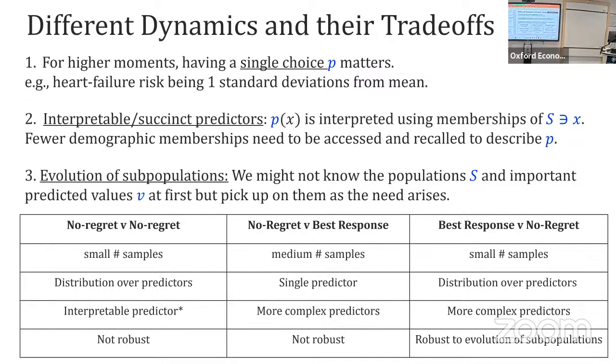You're very quickly converging, and the demographic information you need to recall at every time step is very small. It's just a single demographic information per time step that's coming in. So that's, again, the interpretability of it. This is at a very high level why different dynamics give you different types of trade-offs. And I think the way you should really be thinking about this table is not that you should always go with a specific type of dynamic, but what type of need you have.